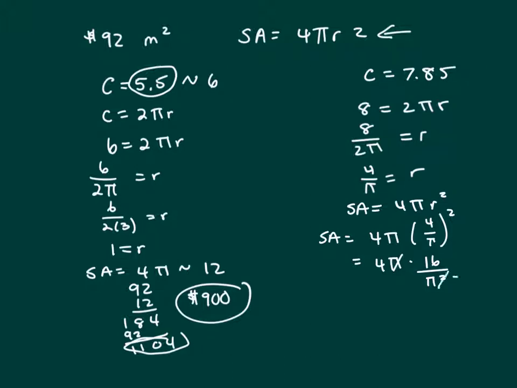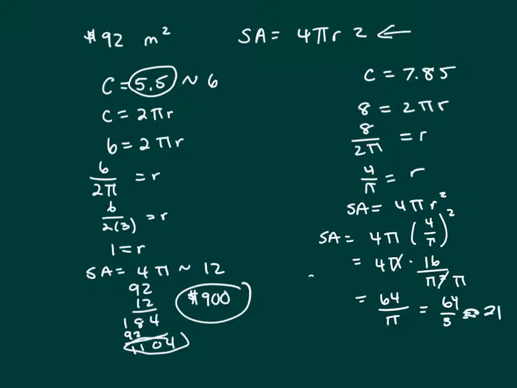So one of those pi's will cancel. I'm left with 64 over pi, because 4 times 16 is 64. And that's about 64 over 3, and that's about 21.